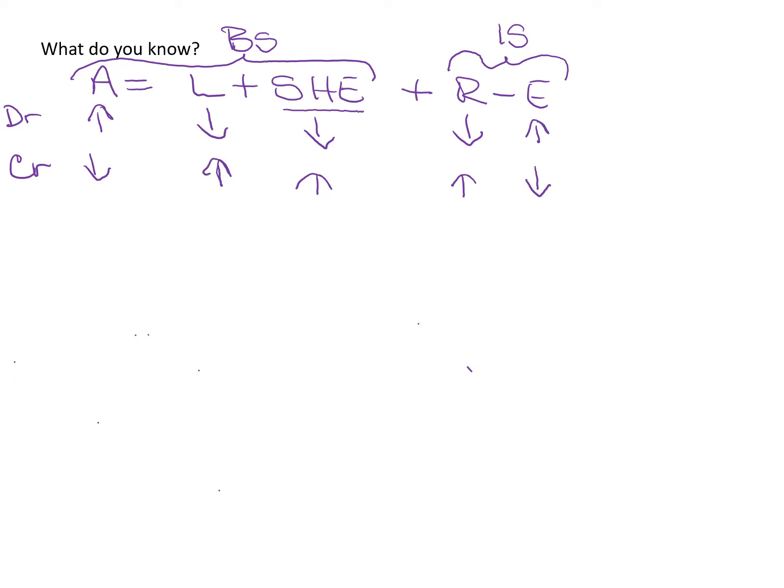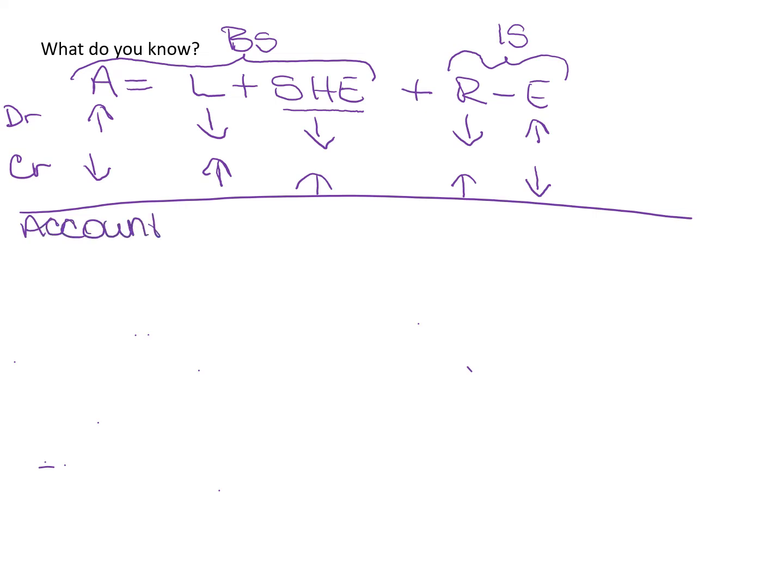We also know that debits are neither good nor bad, and credits are neither good nor bad. They're just like having a noun and a verb in a sentence: you need a debit and a credit to make a complete thought, just like you need a noun and a verb to make a complete thought in a sentence.